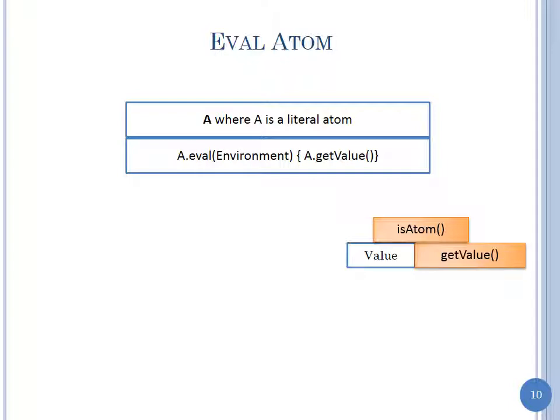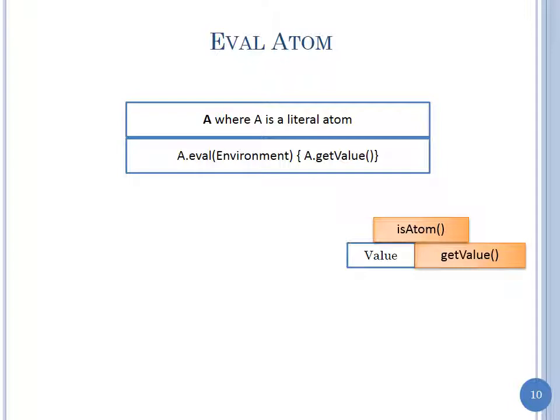So what's the signature of eval? It's invoked on an S expression. And what is the return? An S expression. A dot get value is going to return what? A Java object, or whatever the native language object is.